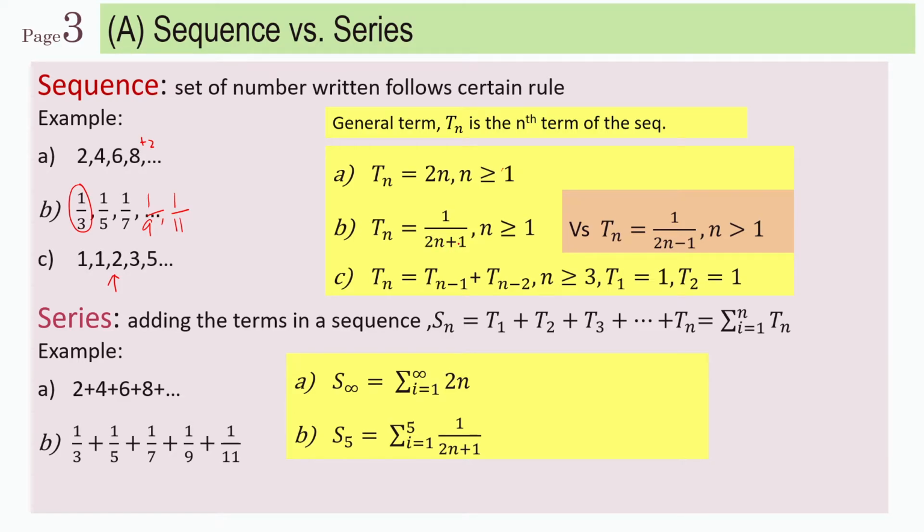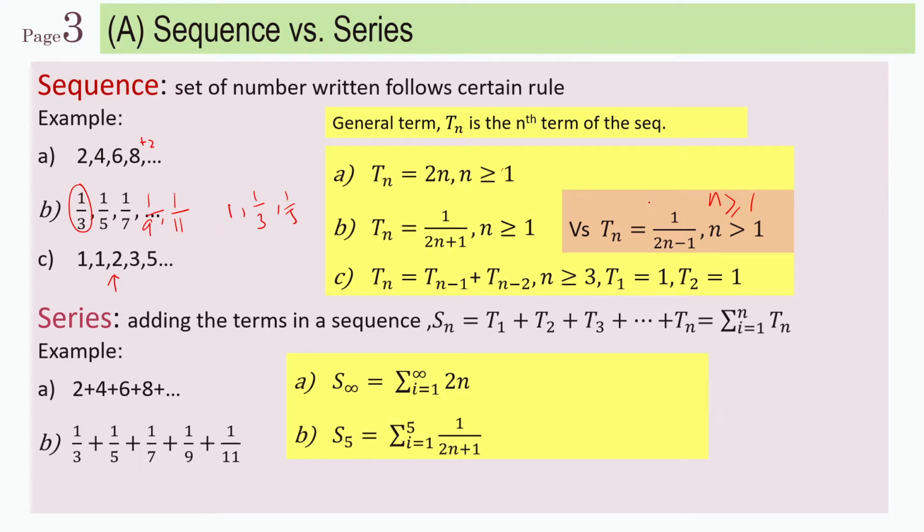If the starting term is 1 over 3, 1 over 5, then 2n plus 1 is slightly not suitable. We will prefer to use 1 over 2n minus 1, with n greater than or equal to 1, so I will produce 1 at the beginning.